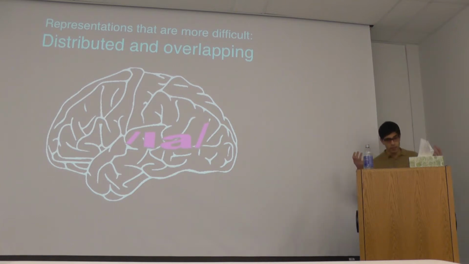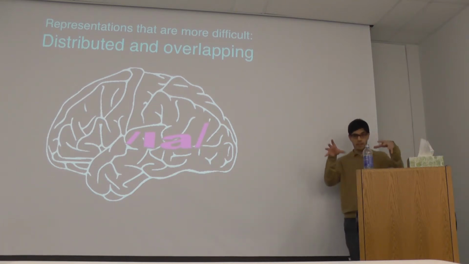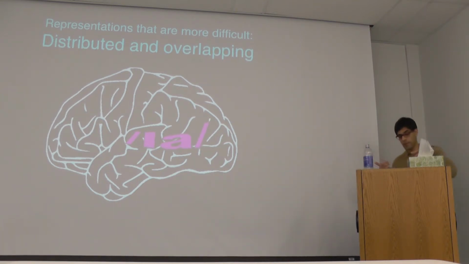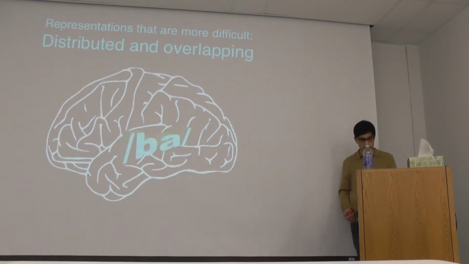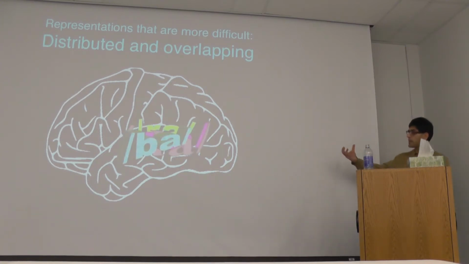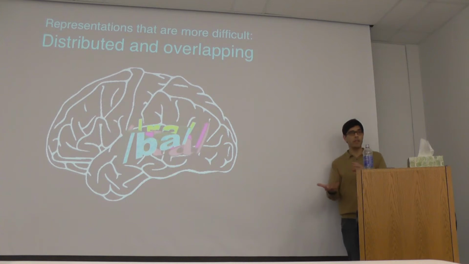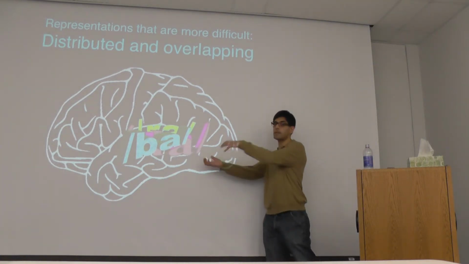They're all going to get processed by this speech sound processing area. So all of these different representations are going to be right on top of each other. You're not going to have a ra area over here and a la area over here. All these different phonemes are going to be sitting on top of each other in the brain. So you have this representational pileup of overlapping representations, and how are you going to untangle that pileup?